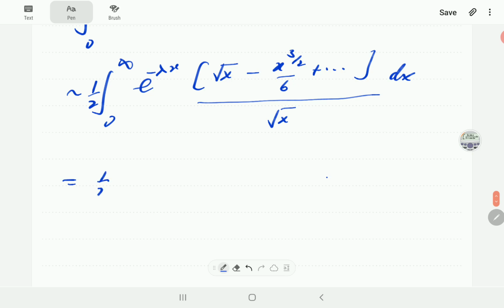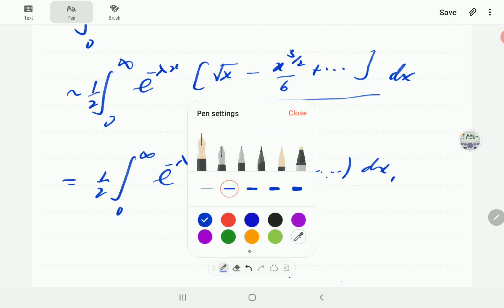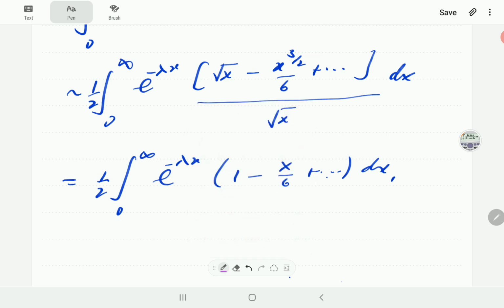So this is going to be 1/2 integral from 0 to infinity of e to the minus lambda x, times 1 minus x over 6, dx. Then we make another substitution. This time we're going to set u to be lambda x.